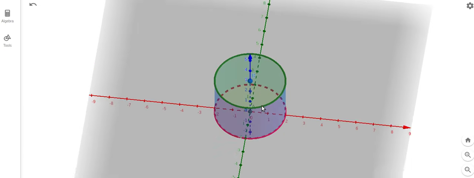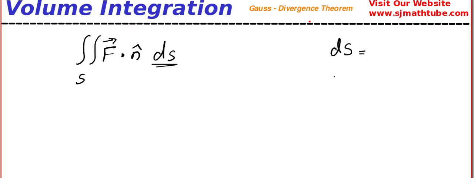So ds is equal to, if you project it on the xy plane, it will be dx dy the whole divided by mod n dot k. Similarly, if you project it on the yz plane, it will be dy dz. So there are three formulae for this, and you can memorize the formulae.